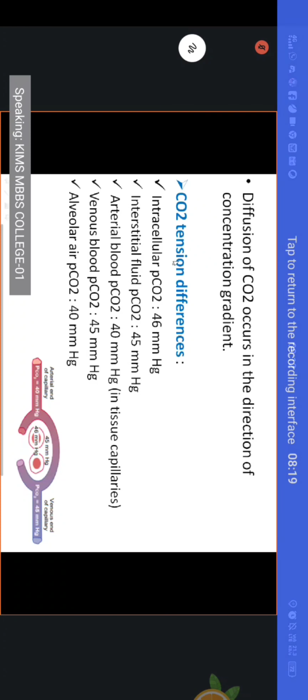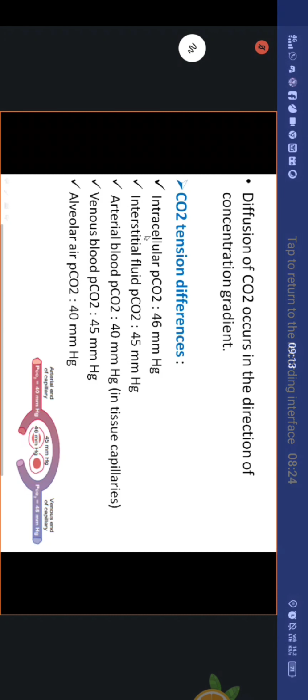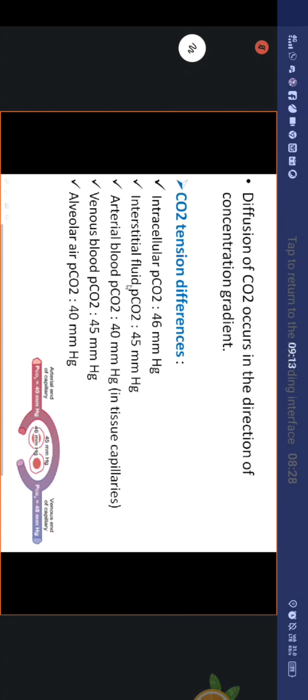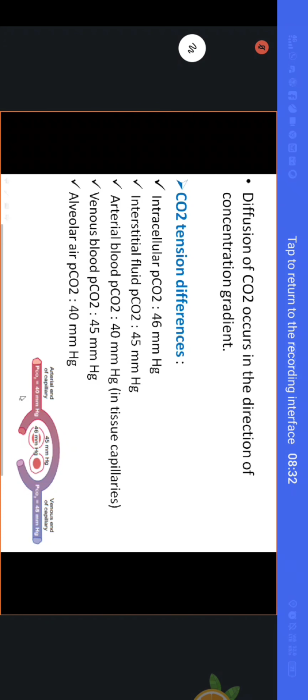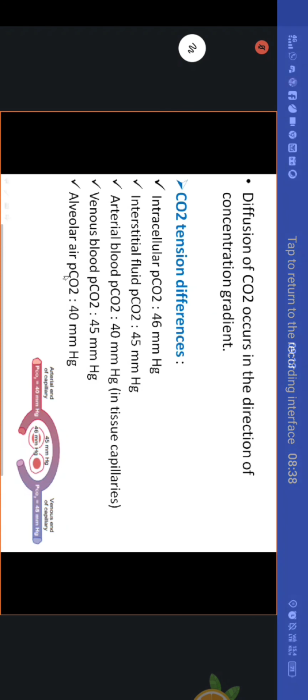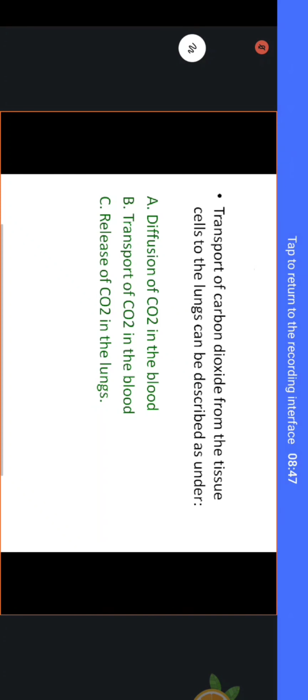So there will be different carbon dioxide tensions at various levels: in the intracellular region, the interstitial fluid, that is outside the cells, the arterial blood PCO2, the venous blood PCO2, and the alveolar air PCO2. These pressures help in the diffusion of carbon dioxide. This can be discussed again.